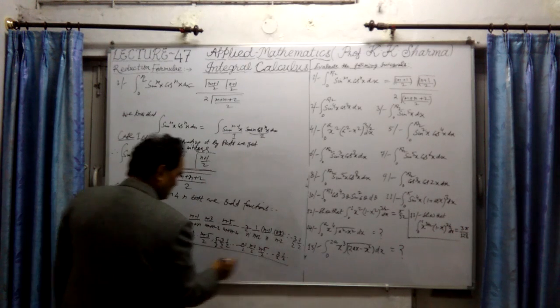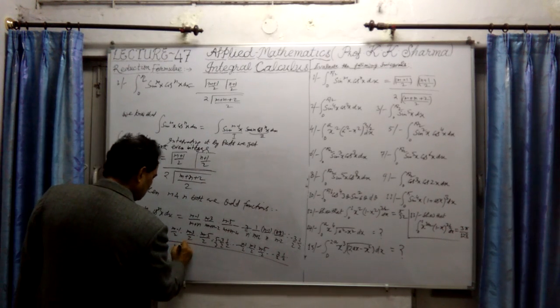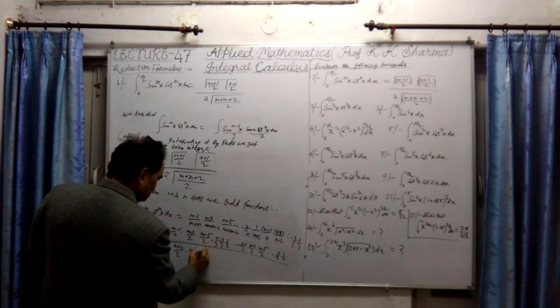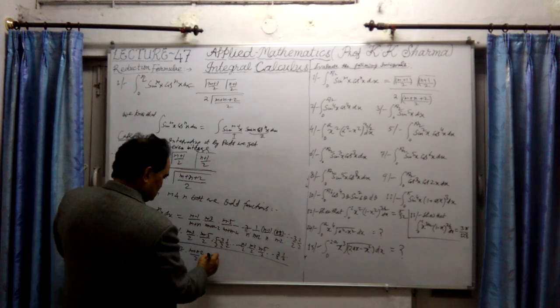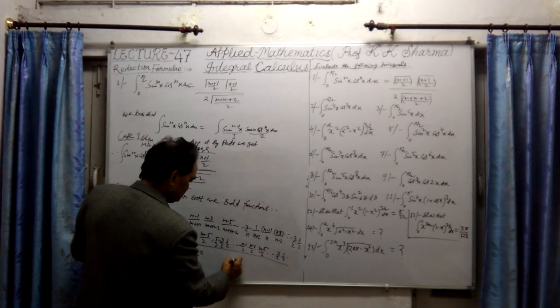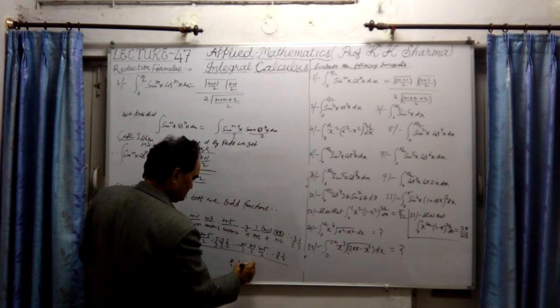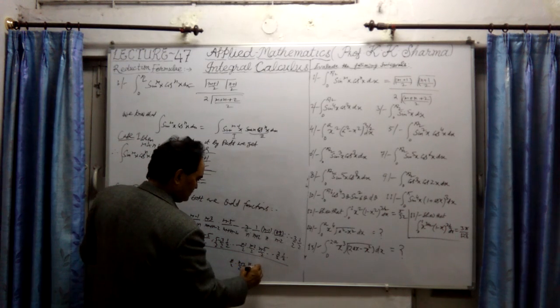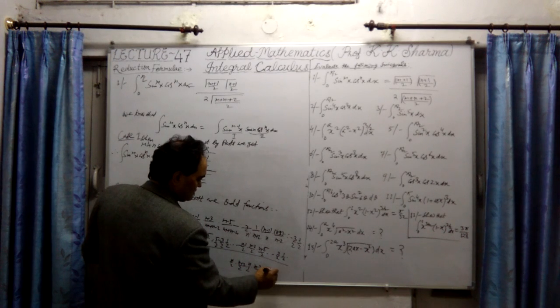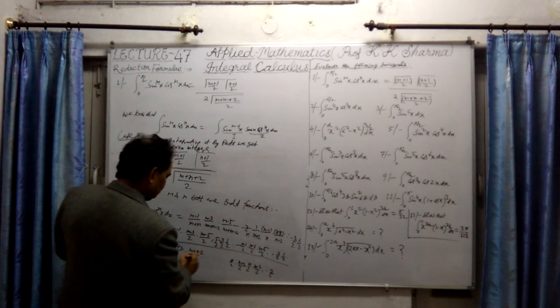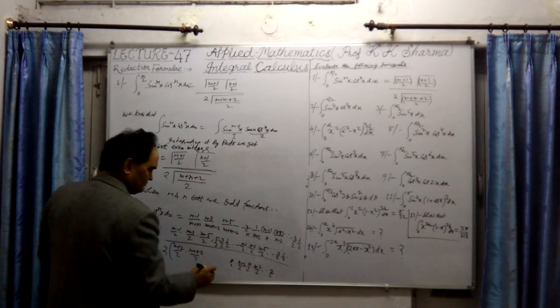divided by n plus n upon 2, n plus n minus 2 upon 2, and this value n by 2, this is n plus 2 upon 2. Okay, then n by n plus 2, n by 2, n minus 2 by 2, and so on, last 2 by 2, and this 1 by 2 will come here, twice of this value.